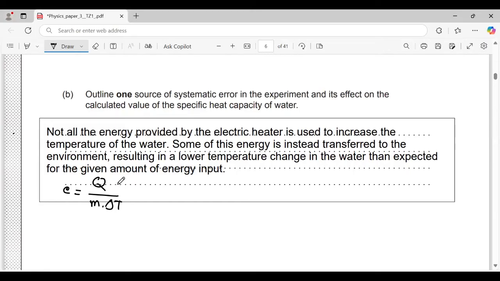Because of this, the calculated value of C becomes higher than the true specific heat capacity. It occurs because the actual energy absorbed by the water is less than the energy measured from the heater. Yeah, that's the reason.